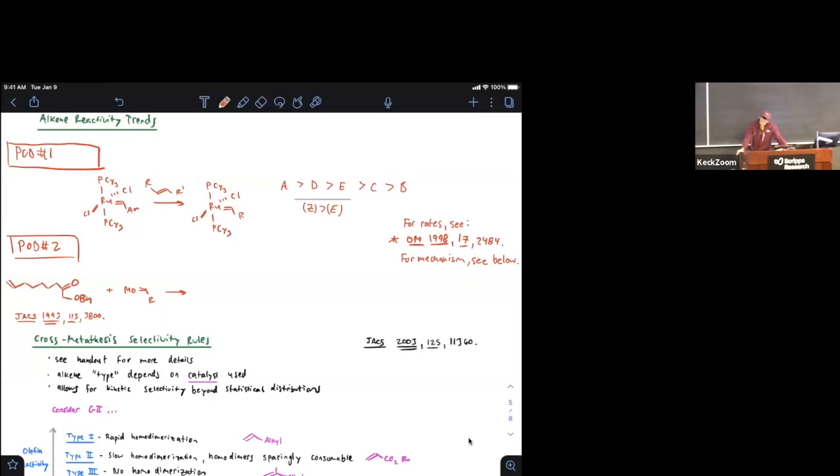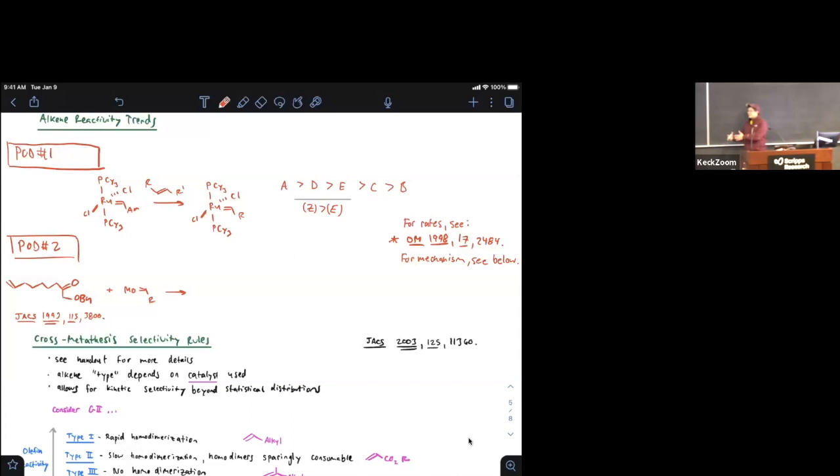C and B, they're tricky to compare. Remember, really try to imagine you're the catalyst and you're approaching these alkenes. And the key determinant is this metallo 2+2 transition state. Between C and B, C's steric bulk is a little bit removed.